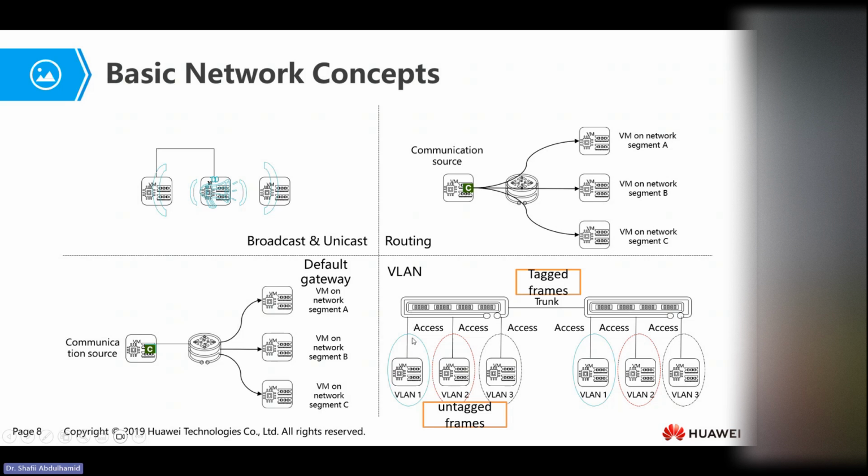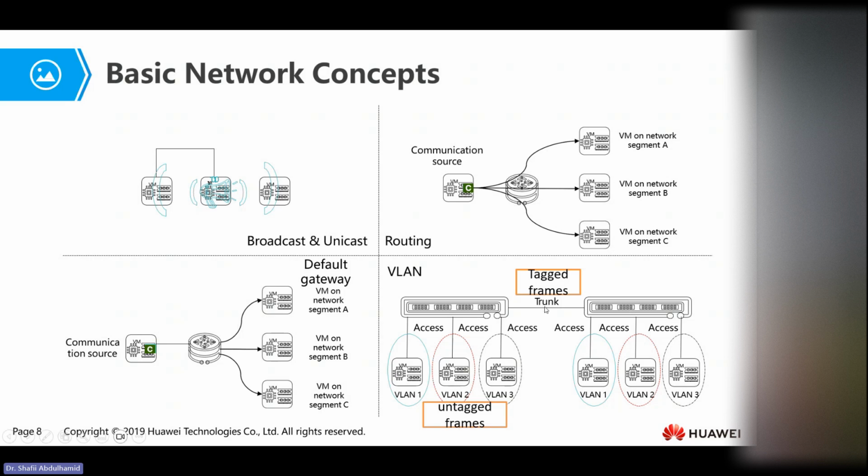This connection between a virtual machine in a VLAN and a physical switch is what we call an access link.